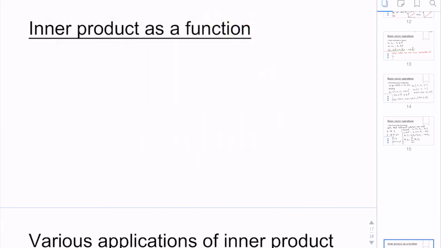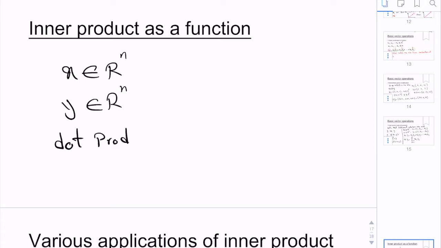So as we know, if you have a vector x that belongs to Rn, and y that belongs to Rn, so these are our spaces. Then the dot product is a function, like f, which maps Rn to R, right? So we have vectors as the input to the dot product, and the output is a scalar.